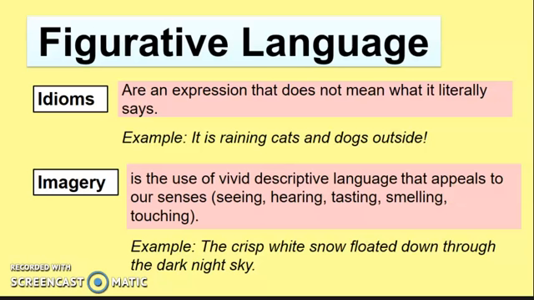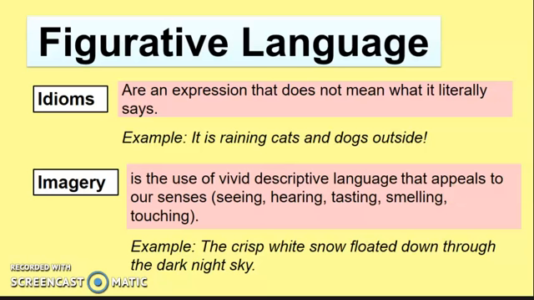Now, in drama, some writers use idioms or idiomatic expressions. These are expressions that do not mean what they literally say. For example, it is raining cats and dogs outside. That's an idiomatic expression.